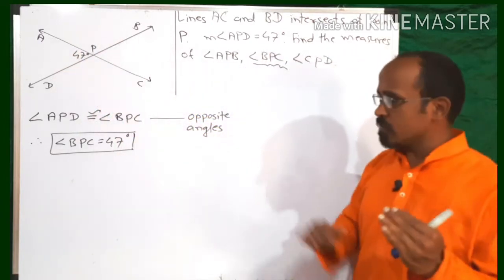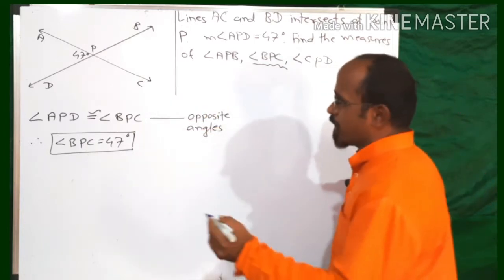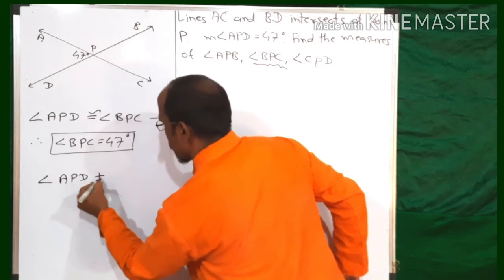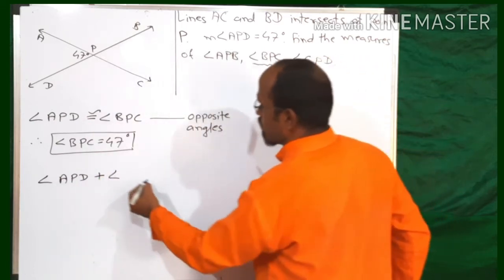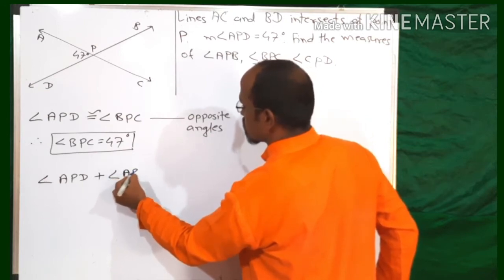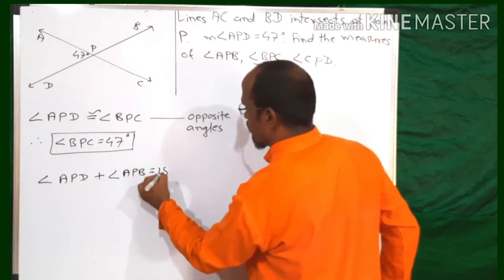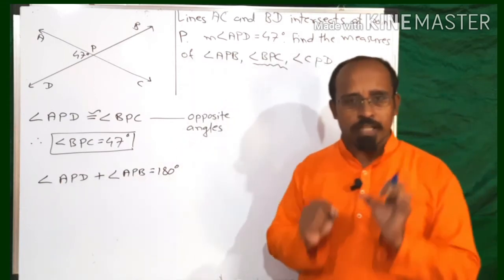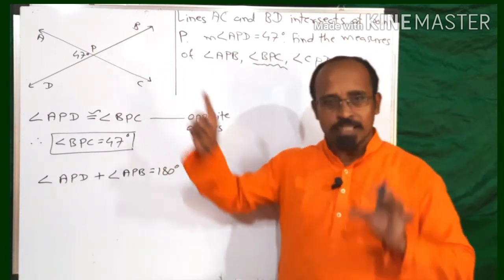So how to write this? Addition of angle APD plus angle APB is equal to 180 degrees. Why is the addition of these two angles equal to 180 degrees? Because they are angles in a linear pair.